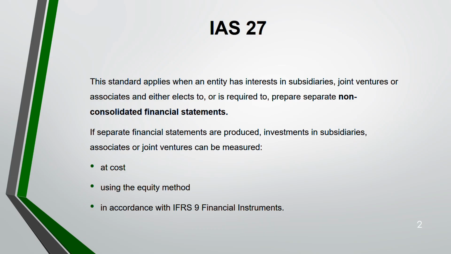Mostly for associates and joint ventures, we use the equity method, that is IAS 28. Then other investments we normally measure according to IFRS 9. And subsidiaries we measure at cost.